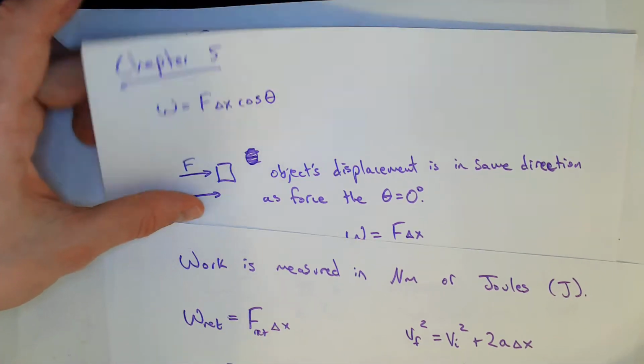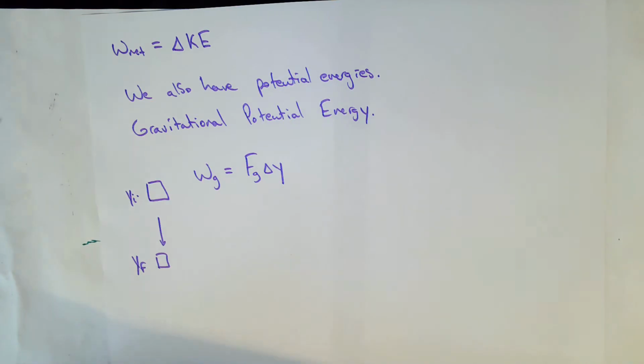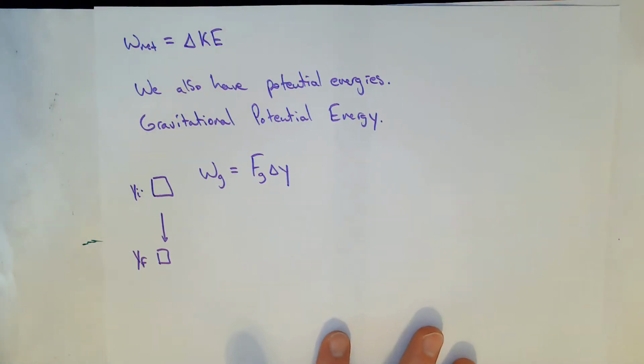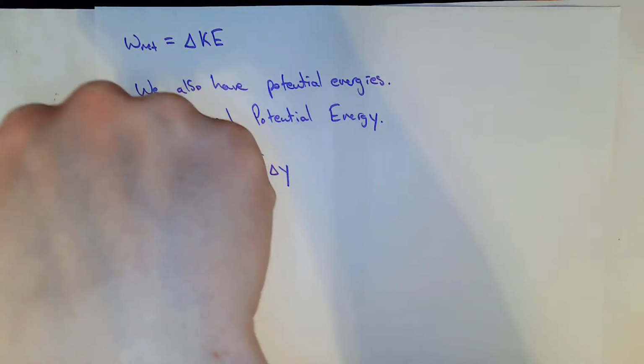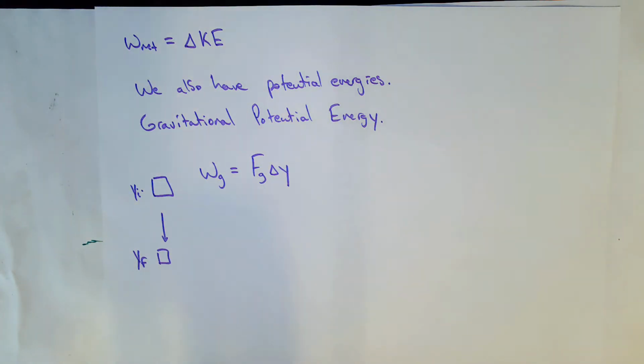And of course here cosine theta is not mattering because gravity points down and this object is falling down, so they are parallel to each other. Cosine theta is just 1 because theta is 0. The angle between the downward force and the direction of motion is 0 because they're in the same direction.